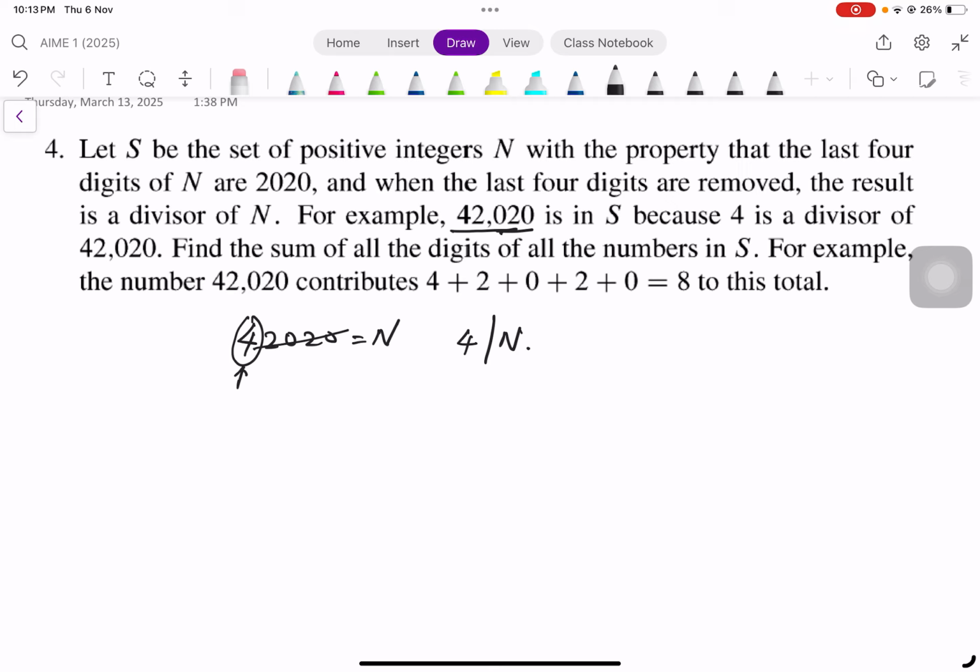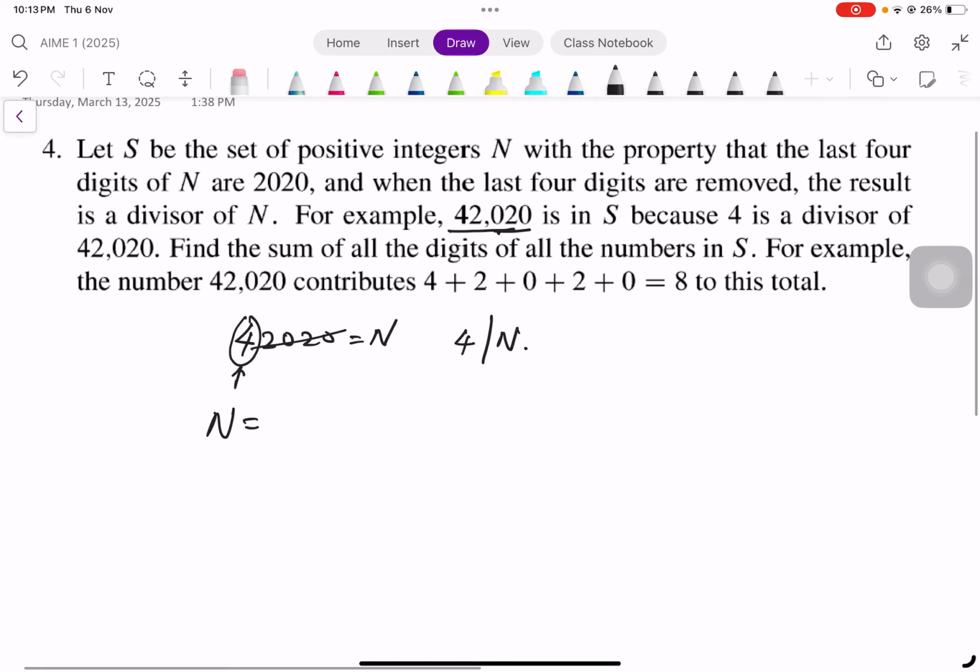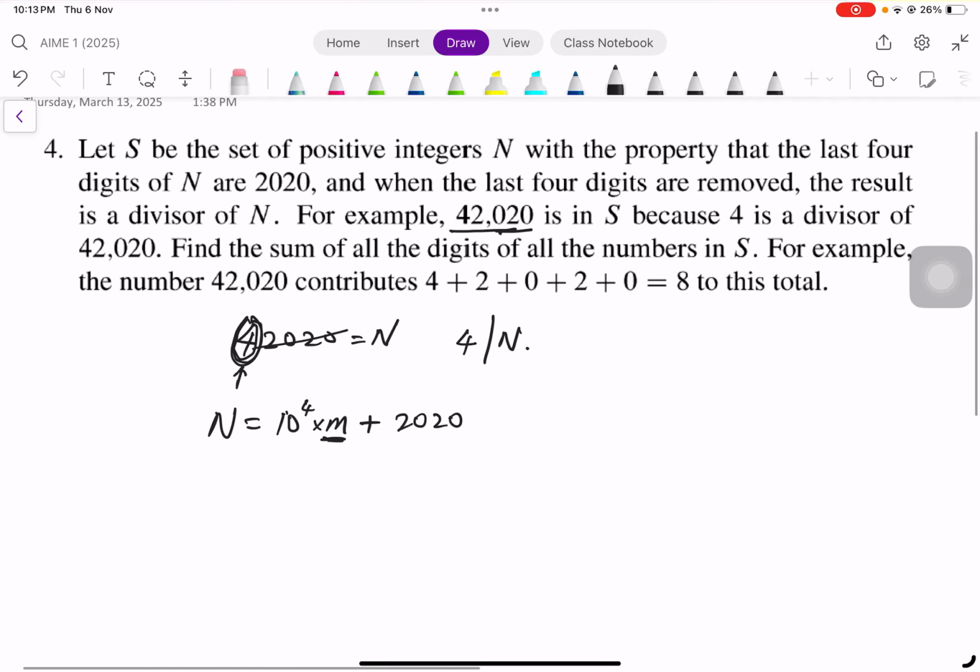Therefore, in general, we look at the general n, which can be expressed as 10 to the power of 4 multiplied by m, plus 2020. According to this question, m, after removing the last four digits, is a divisor of n.